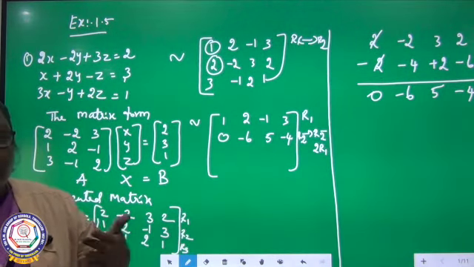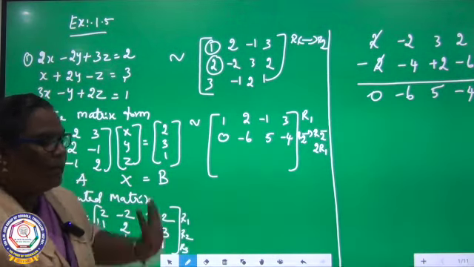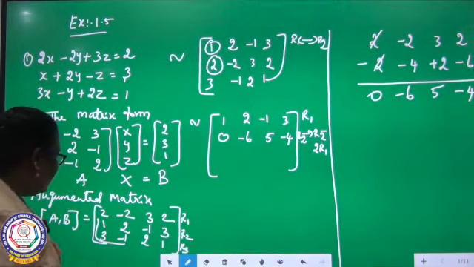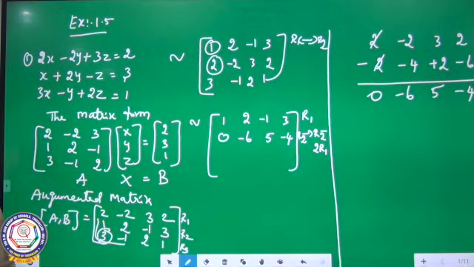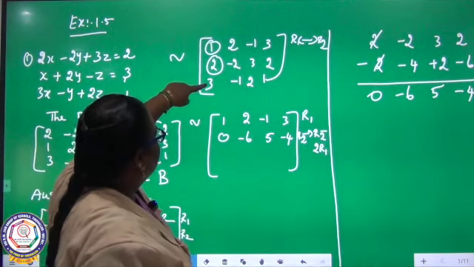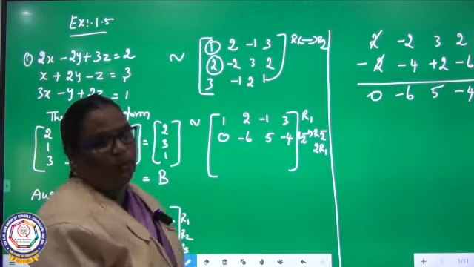So I can bring it into echelon form. The first term becomes 0. See the next one: this term also I make 0. Look at R3 and R1.